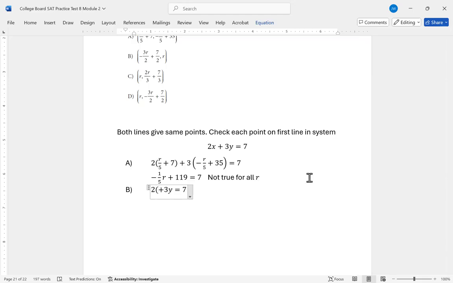So x gets replaced with negative 3r over 2 plus 7 halves. And then the y gets replaced with just the letter r, which is kind of nice.